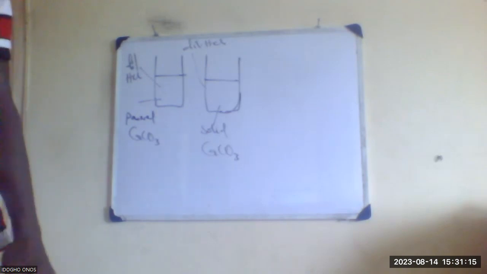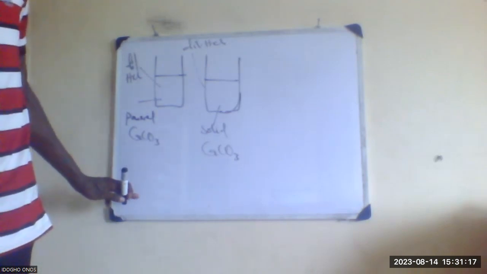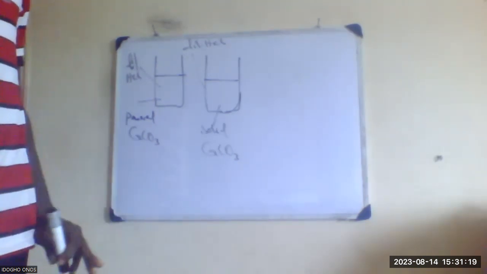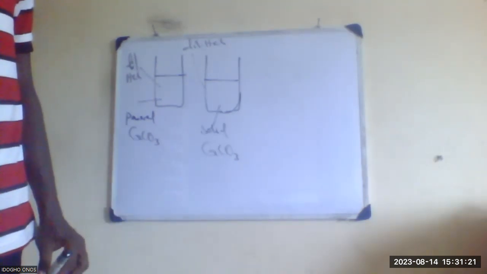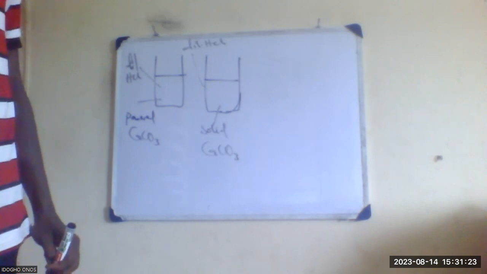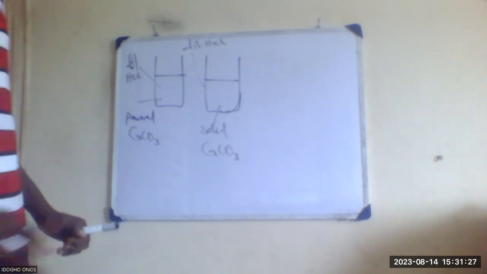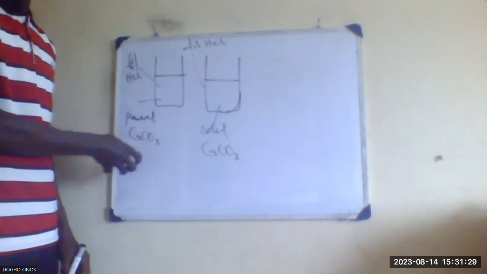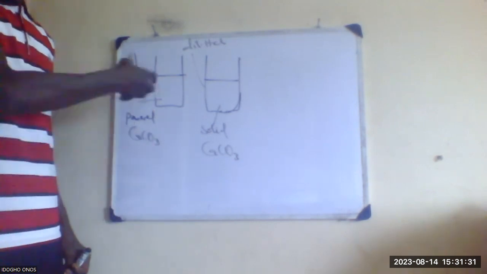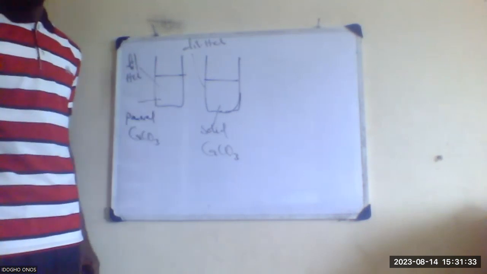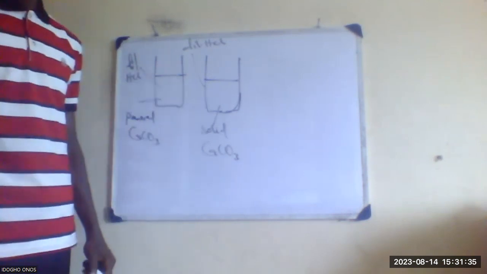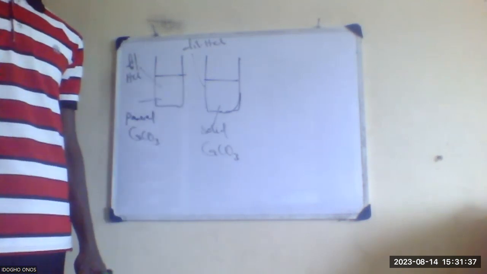Why is that so? Because the surface area is greater. Remember we said the smaller the size, the faster the rate of a chemical reaction because of a greater surface area. So once the particle size is small, the faster the rate of a chemical reaction. So that is for surface area and how it affects the rate of a chemical reaction.